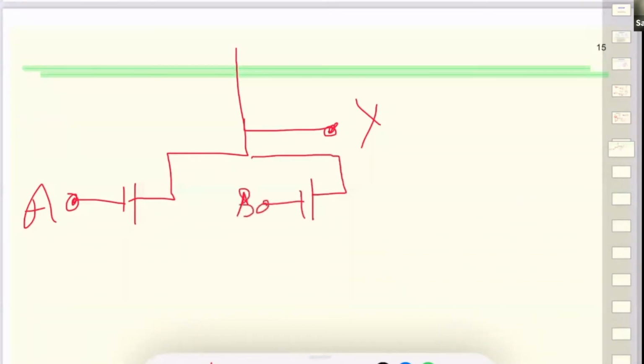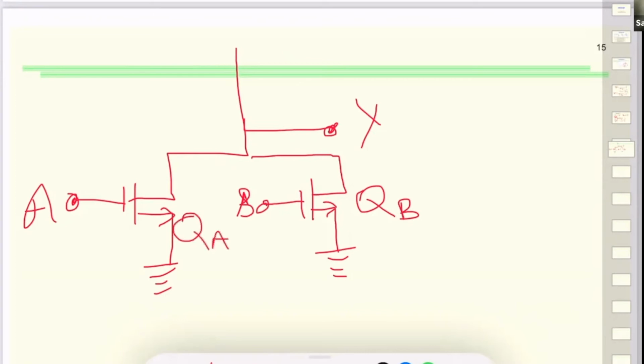One input here. And they are at the ground. And this is QB. And they both are N-type. And this is QA. All right, so of course there's a VDD power supply.